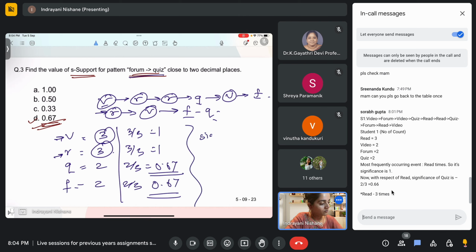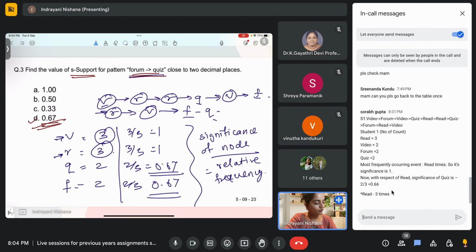The significance of a node is relative to the occurrences of other nodes, how many times that particular node is occurring. The same thing goes for edges. Every individual edge frequency is counted, and then we divide that by the highest number.